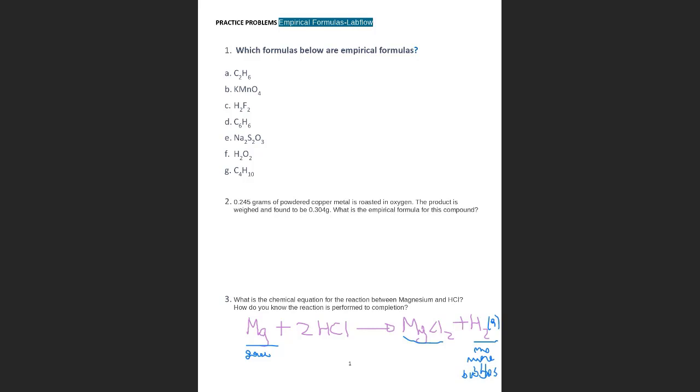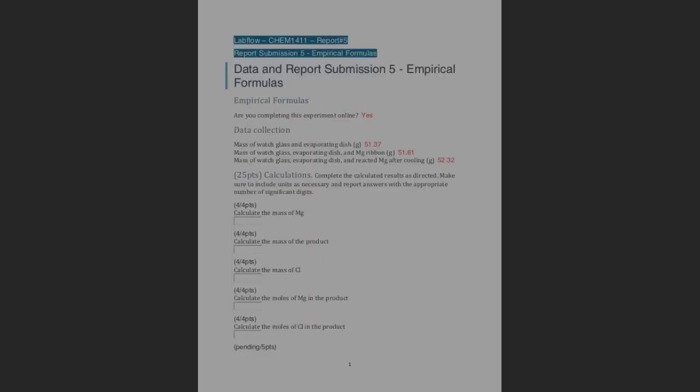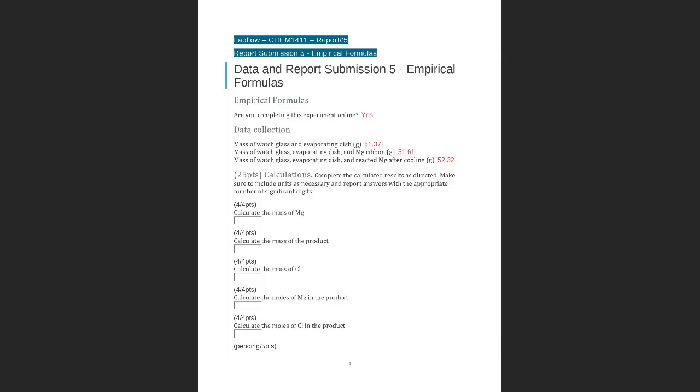Okay, so now we are jumping into the report that is actually very simple. When you open your report, you will see that because you didn't do the experiment in the lab, you will be given the mass of the watch glass. Every person has different data, so it doesn't matter.